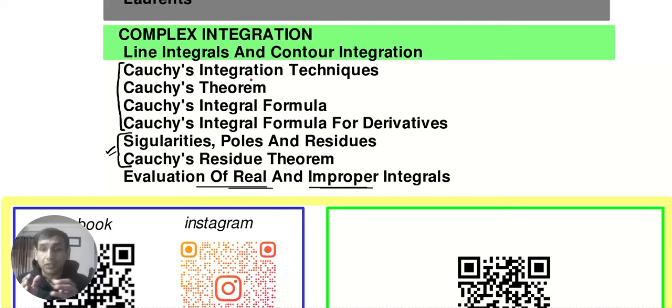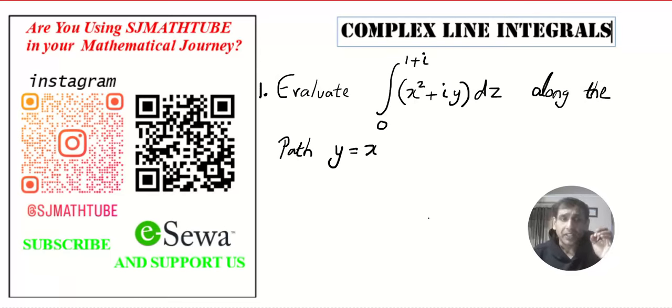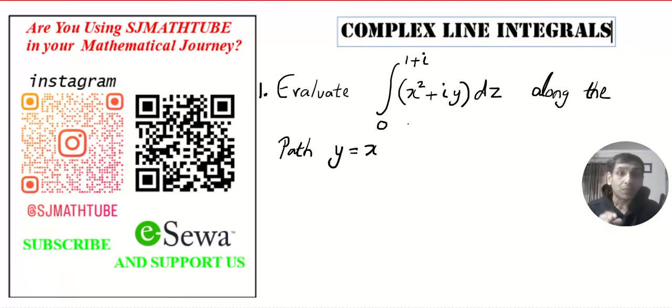Okay, let's start. This is going to be really easy if you remember line integrals in vectors. In vectors, we are dealing with 2-dimension and 3-dimension, but in complex, it will always be 2-dimension. So we have a complex integral and a path is given.